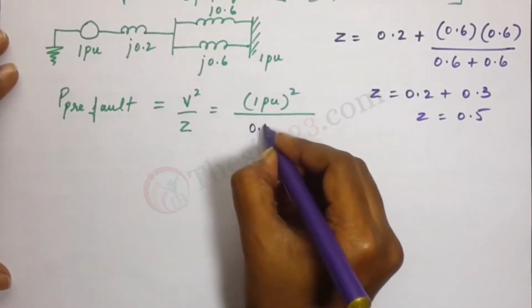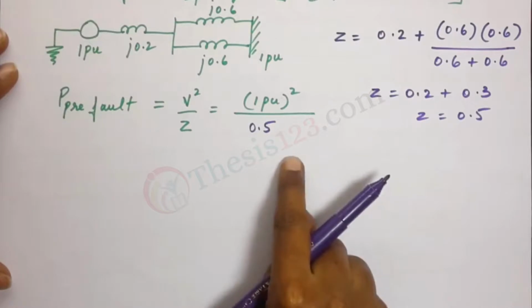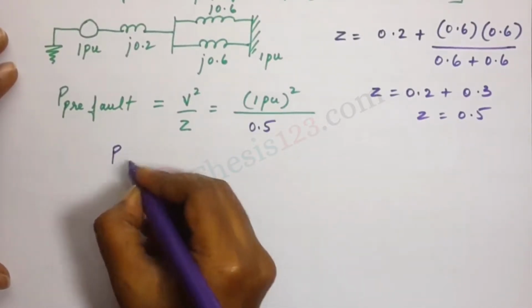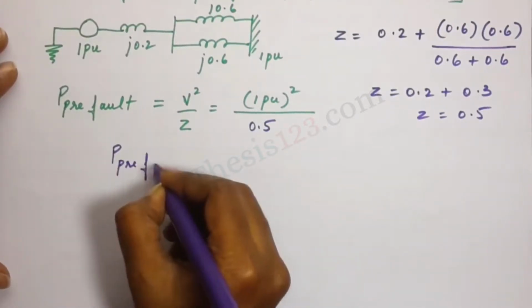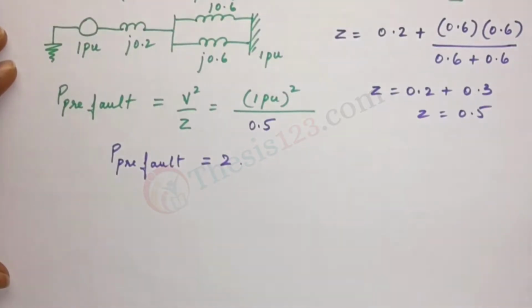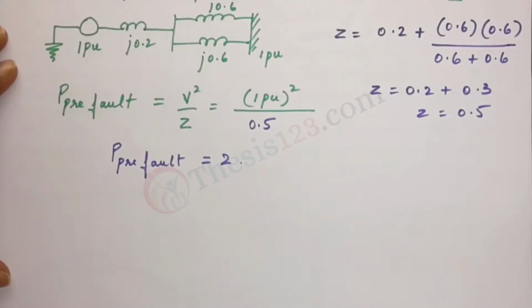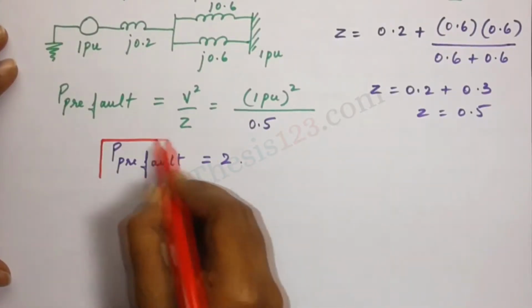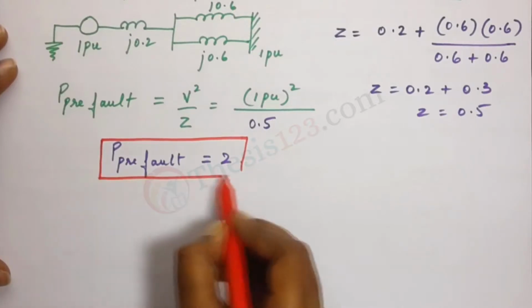Substitute that over here, 1 by 0.5 gives us a pre-fault power of 2. We'll keep this aside, since this is the numerator of the ratio that we are supposed to find out.